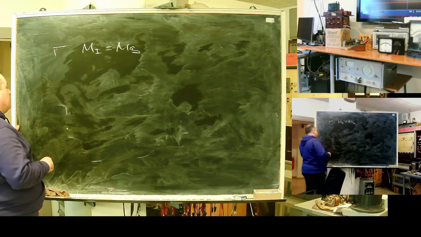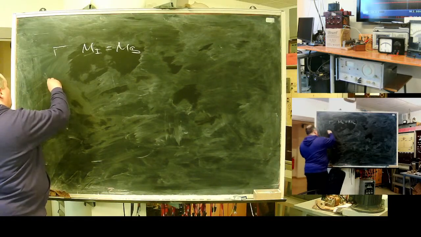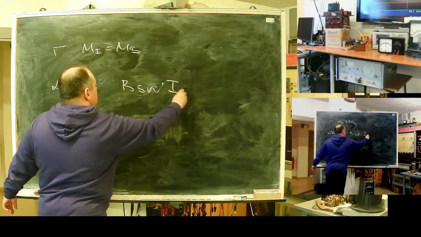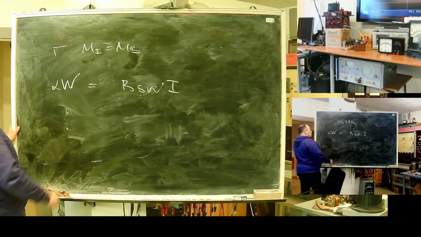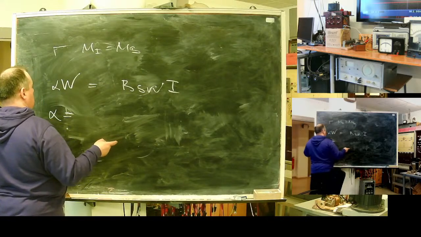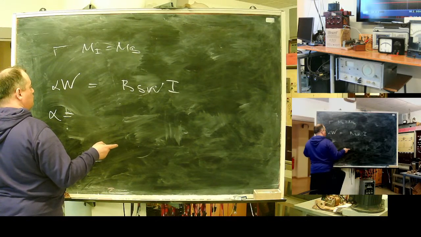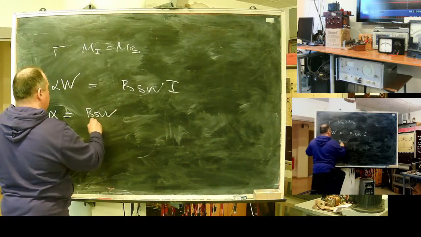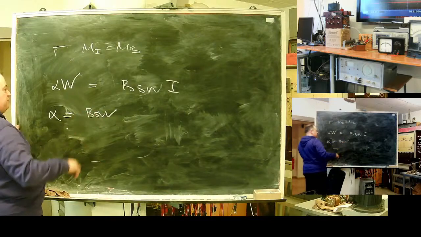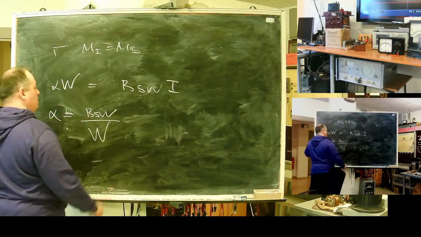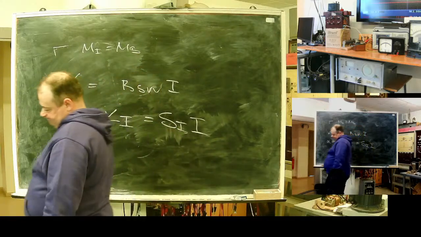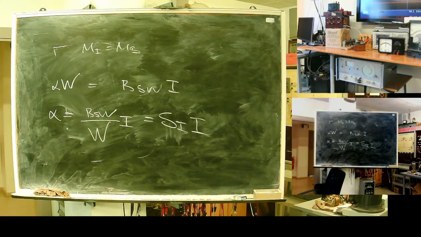So this means alpha equals B S v over W, multiplied by current. Small v is the number of turns, large W is the stiffness constant, divided by current, or the meteorological constant. Fine, it's what you will read in old books on measurements.